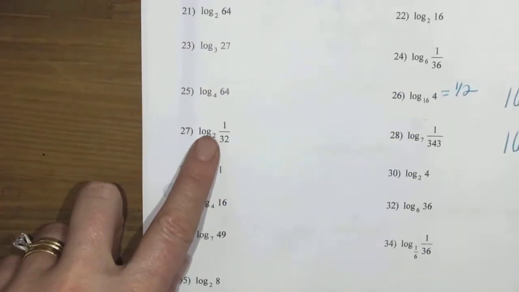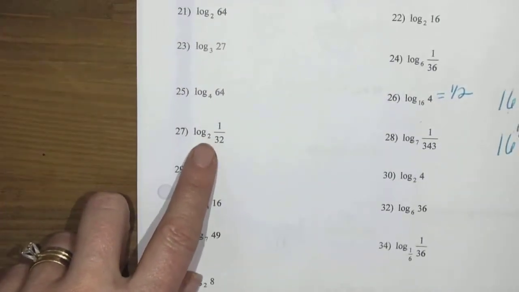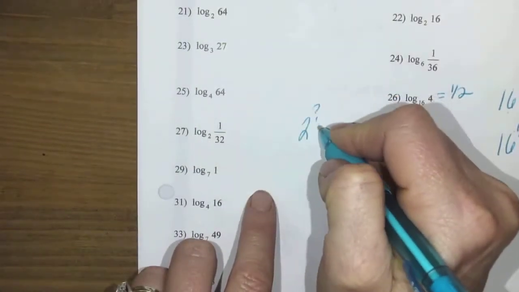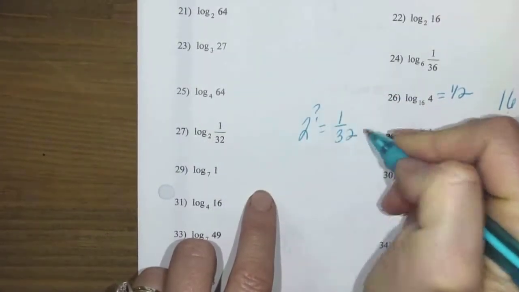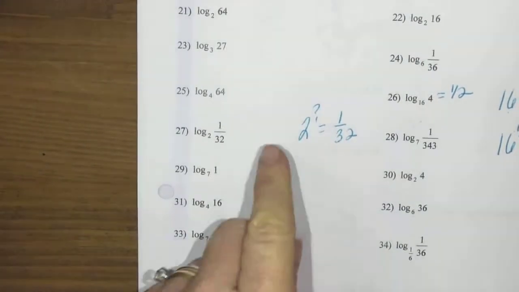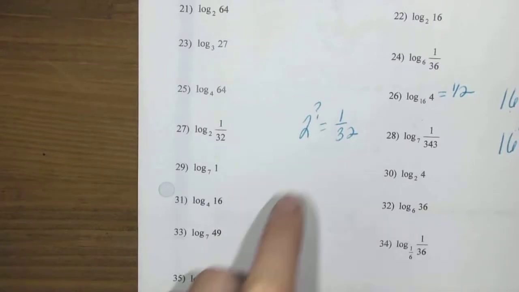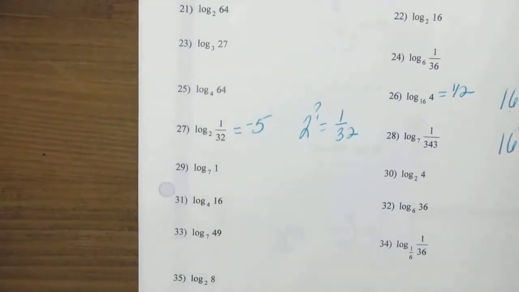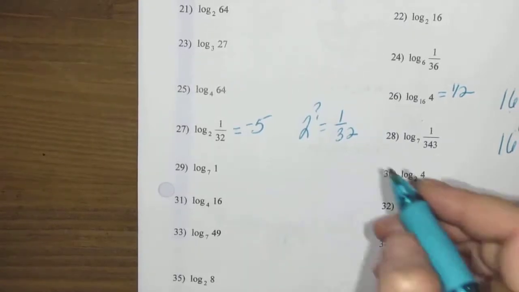I also want to show one more, 27. If you were to evaluate this, you want to think 2 to what power gives you 1 over 32. Well, I know 2 to the 5th power gives me 32. But since this is on the bottom, my exponent would be negative. So 2 to the negative 5th power would be 1 over 32.